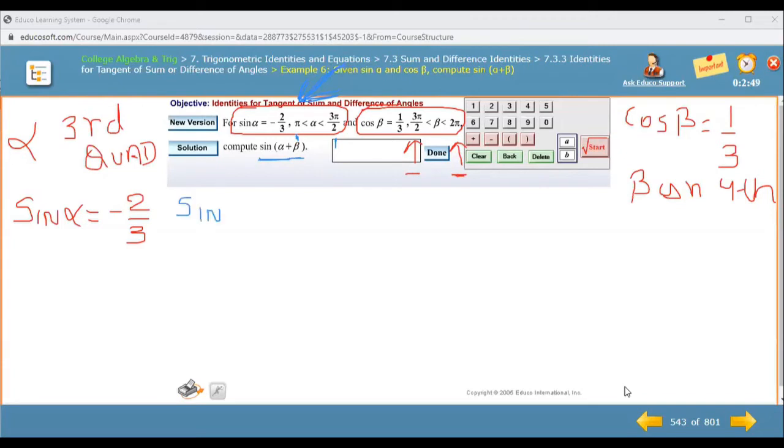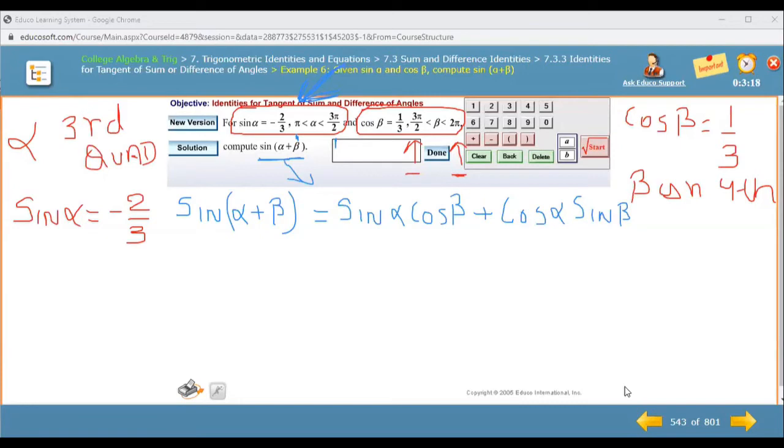Sine alpha plus beta is sine alpha cosine beta plus cosine alpha sine beta. All right, I just write the formula for this.